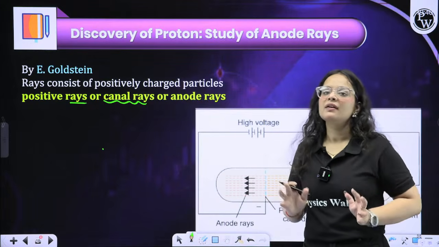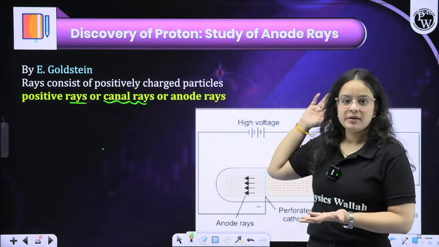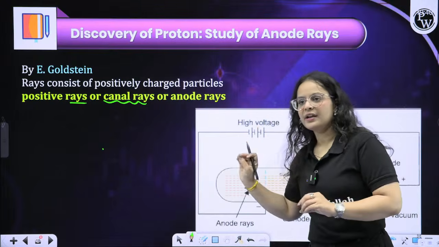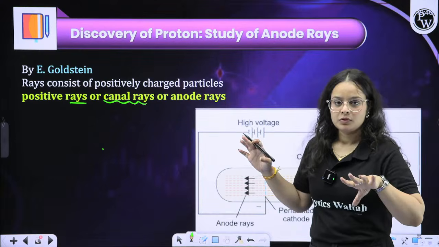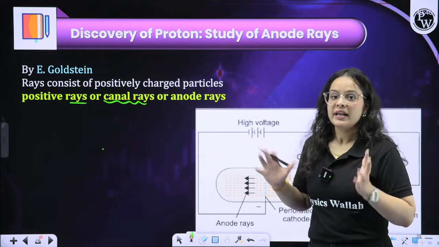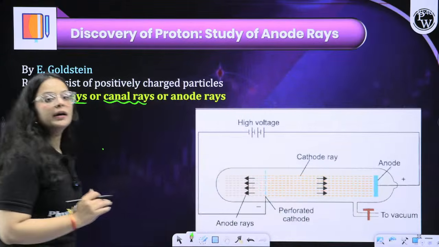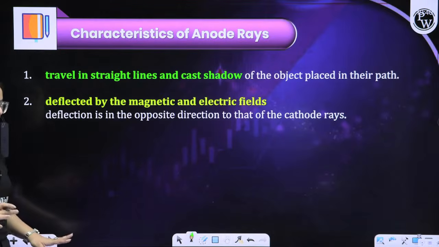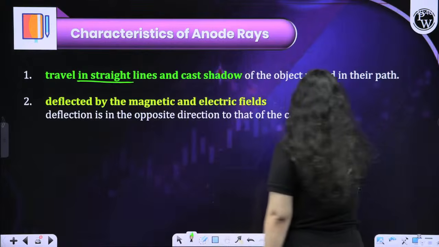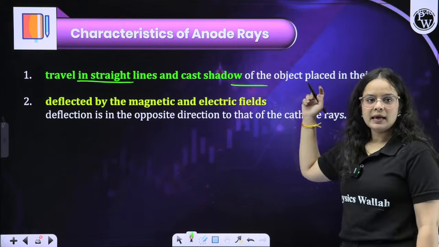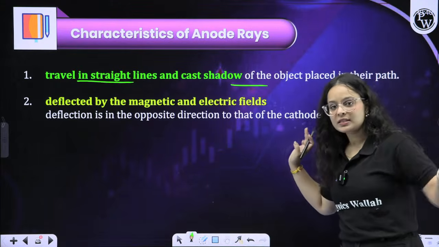Just similar to the negatively charged particles, they also show the results of the previous experiment that we did. The only difference is that they differ because of the sign, so they show changes in direction. Here they are produced from the anode and move toward the cathode terminal. So the first point is that they travel straight just like the cathode rays, cast a shadow just like the cathode rays, and are deflected by electric and magnetic fields just like cathode rays.